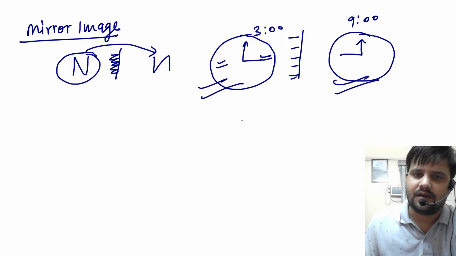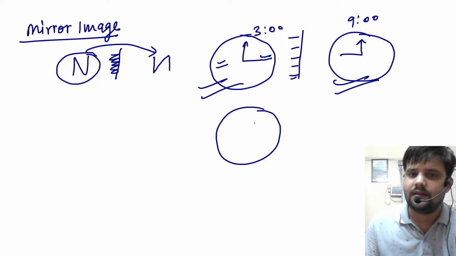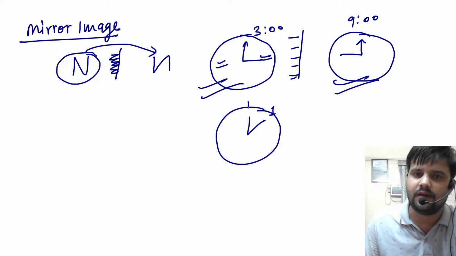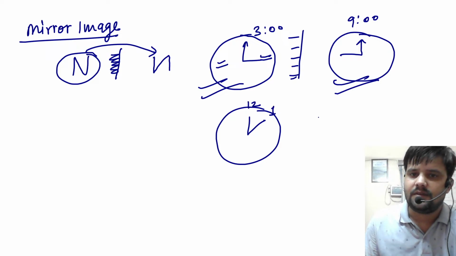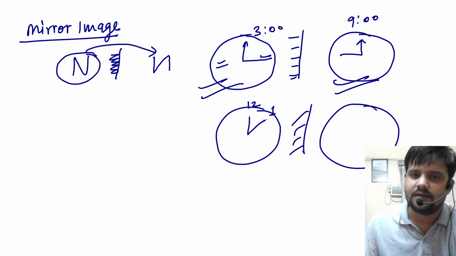Now what will happen if I take another clock which has a time, let's say 1 p.m. So at 1 p.m. the clock will be like this. The mirror image of this would be like this. This 1 will go to this part. Here the 11 would be there. So this needle will be here and this will be at 12.